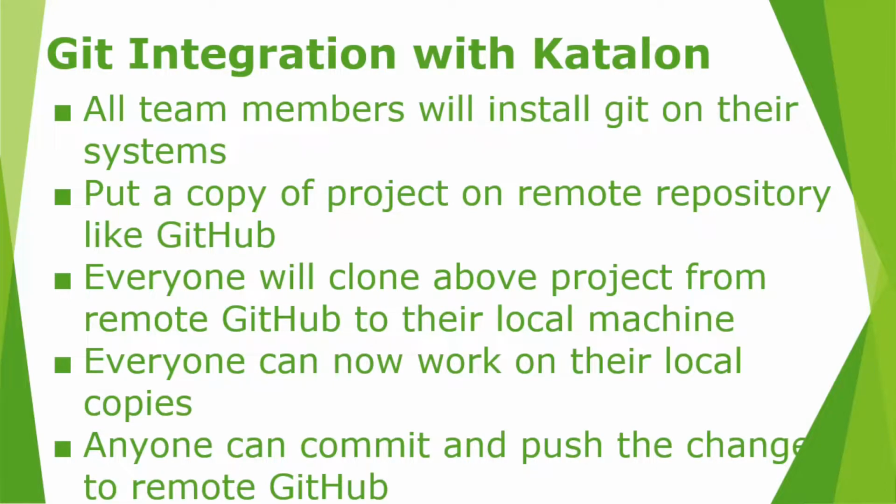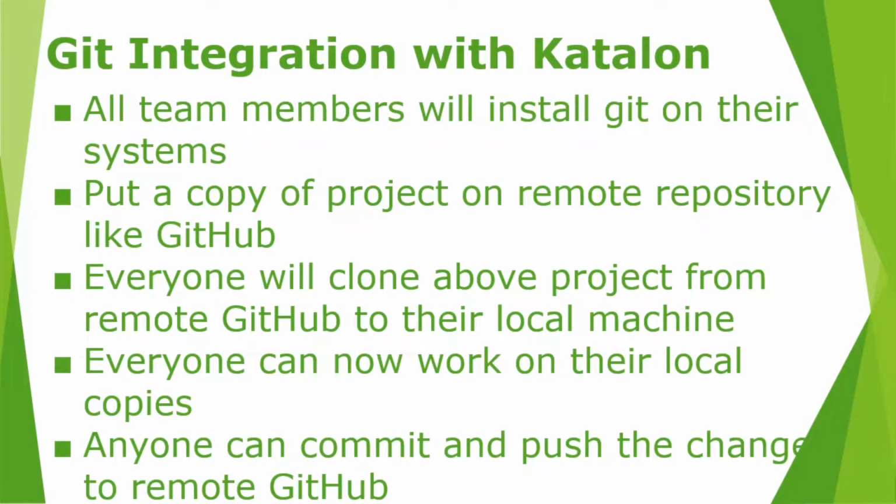Once you clone the remote repository to your local machine, you don't need a network, you don't need any internet. So now everyone can start working on their local copies without internet. That's the beauty of GitHub. And anyone can commit and push their changes to the remote GitHub once the changes are done.